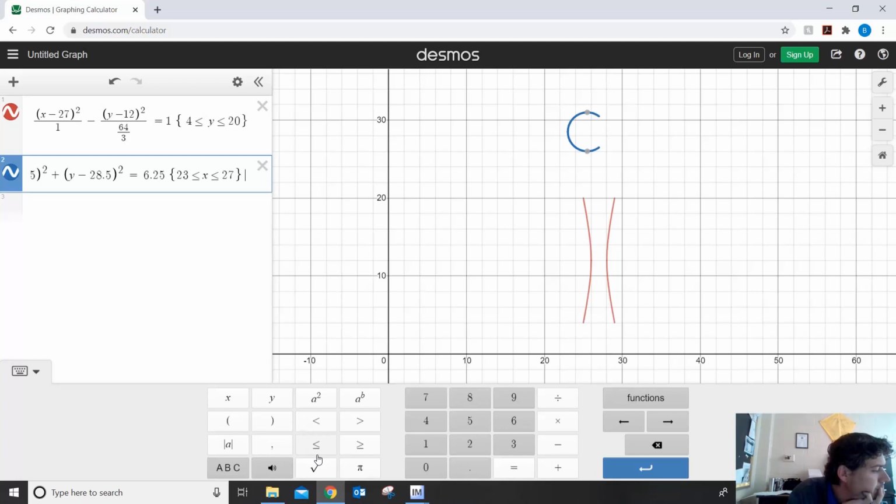And if you restrict the Y, well, that's just throwing me off here. I really would have thought the restriction on Y would have done that because that's basically a semicircle. What do I have here? 26 less than or equal to Y less than or equal to 30.